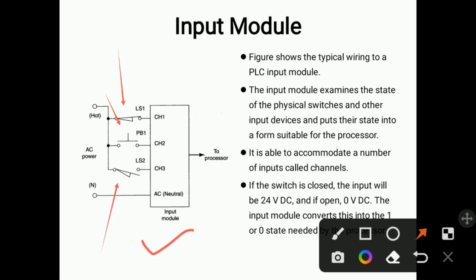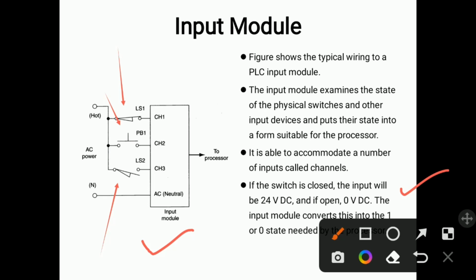So you can accommodate number of inputs called as channels over here. So this is input module. You can accommodate 10 to 20 channels in one input module. Okay, so if the switch is closed, the input will be 24 volts DC, and if switch is open there will be no input, that is 0 volt DC.